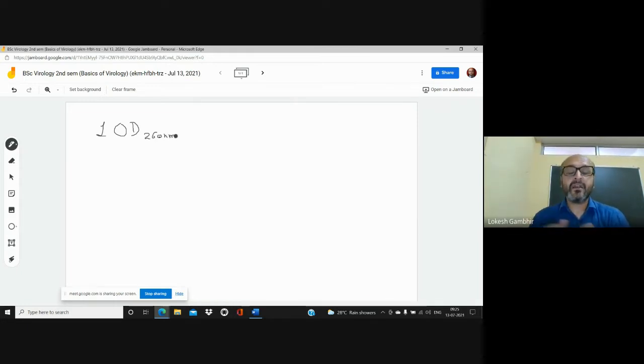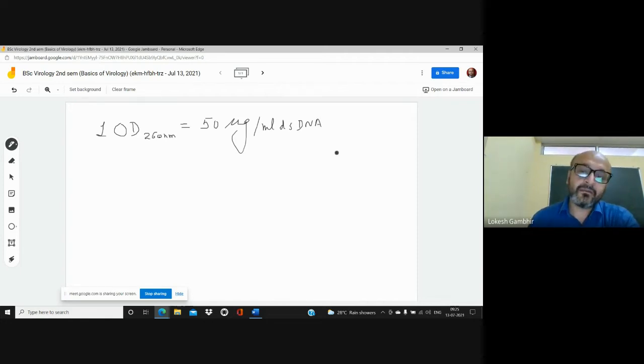Then you'll see that in a spectrophotometer, although we have the option of using multiple wavelengths, we always take a single wavelength. Why we take a single wavelength, I'll tell you. 1 OD at 260 nanometer is equal to 50 microgram per ml of double-stranded DNA. That's the standard value.